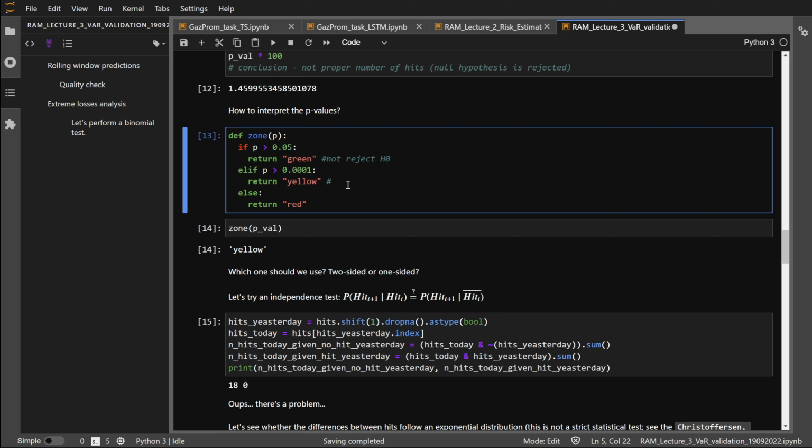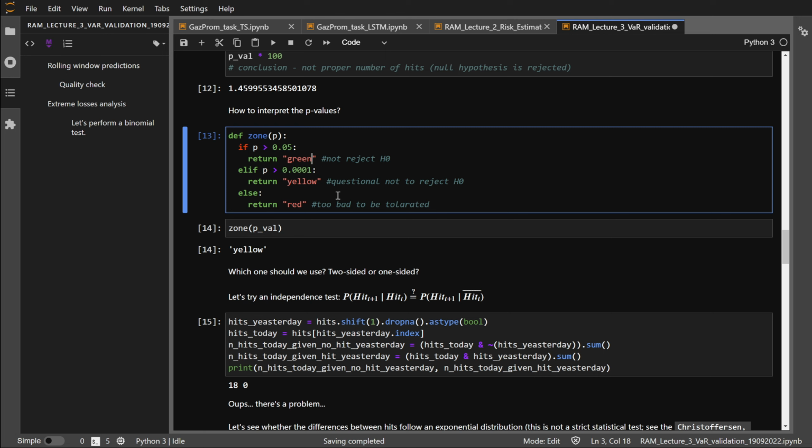But if the p-value is less than this critical value, the second one, this is the red zone. This is a p-value that says this is too bad to be tolerated, because the probability of getting that many hits is too low if we believe in the correctness of the null hypothesis.